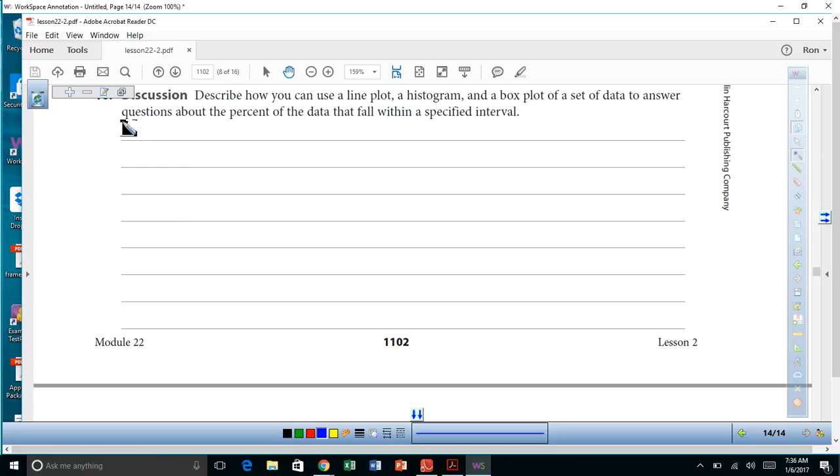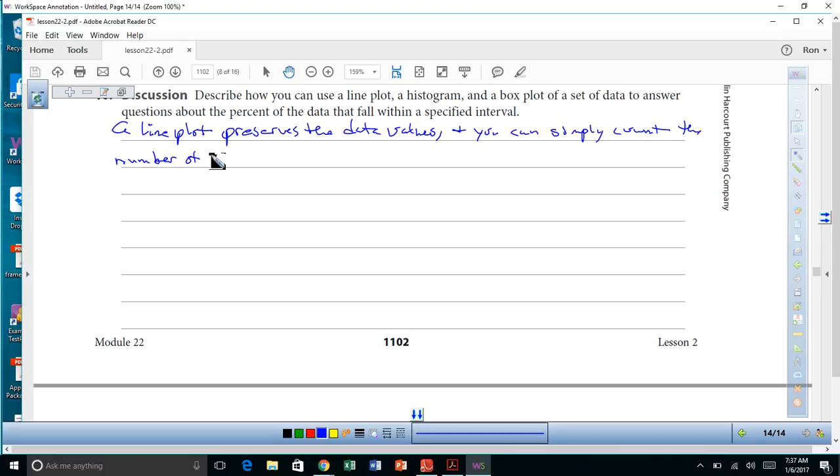A line plot preserves the data values, and you can simply count the number of data values that fall within a specified interval.